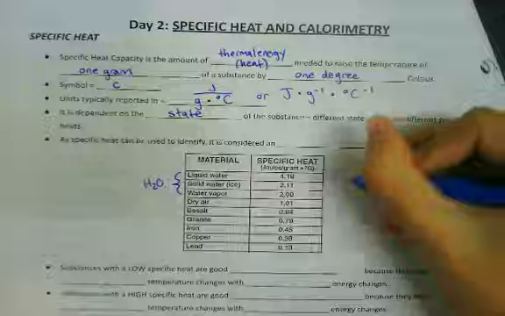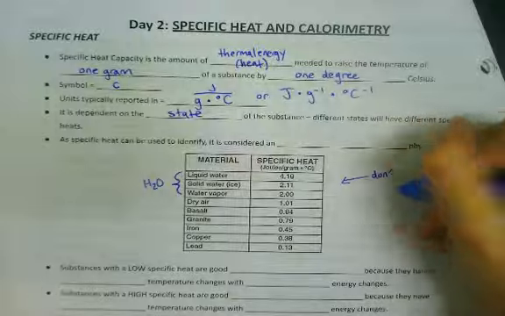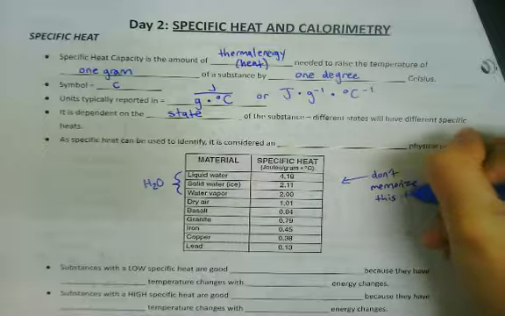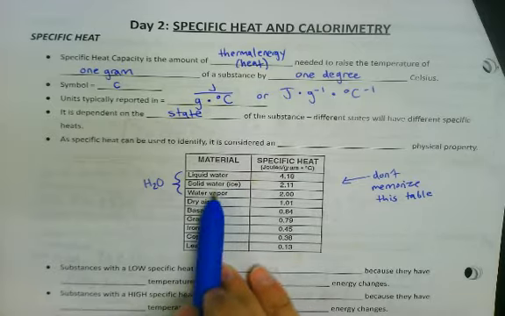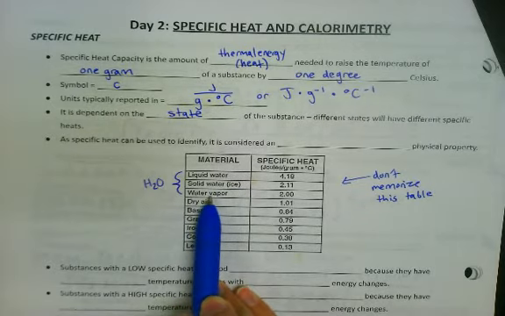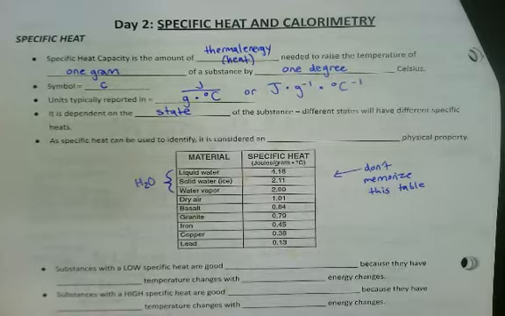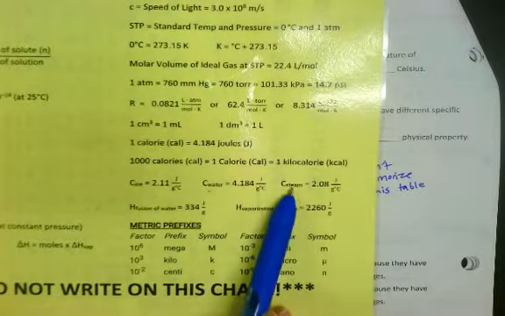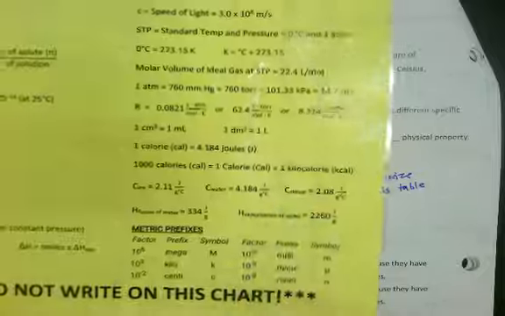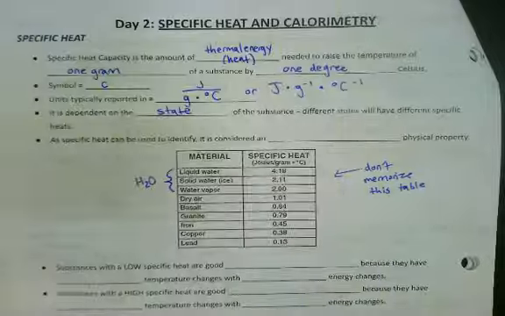Also, as a note, you do not need to memorize this table. The specific heat for liquid water, solid water, and water vapor, the specific heat of ice, water, and steam, are all listed on your formula chart.